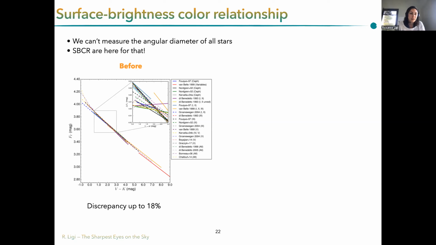So you see here that many laws of SBCR are on the diagram. And actually, there are discrepancies between the laws that can reach up to 18%. So it's really not enough to characterize very precisely the exoplanetary systems.